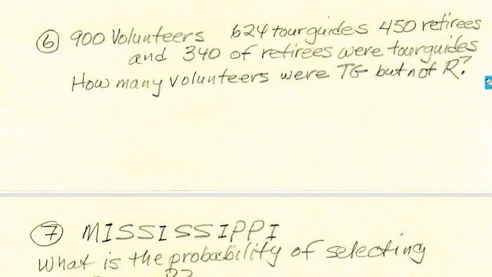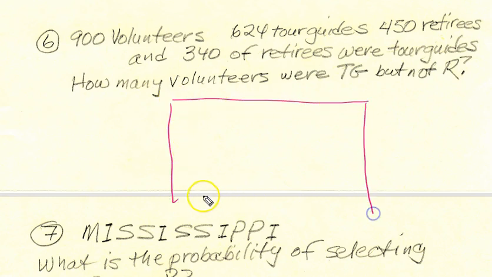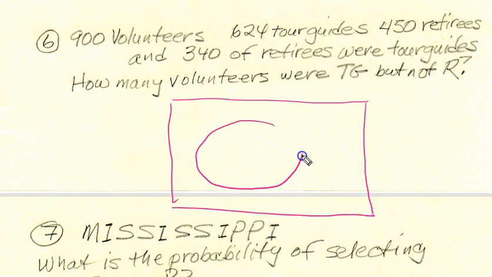Now, for this next one, again, pause the tape, write it out, and you'll probably want to make a Venn diagram. And let's see what you get when you fill it in.